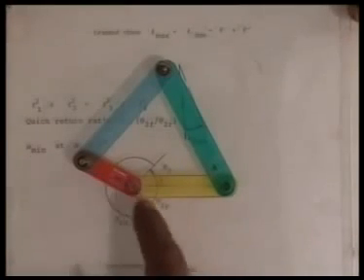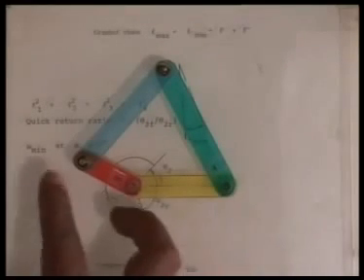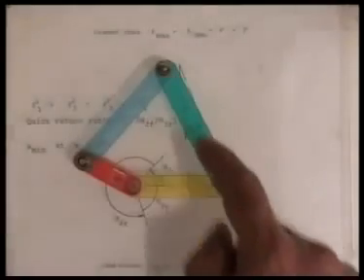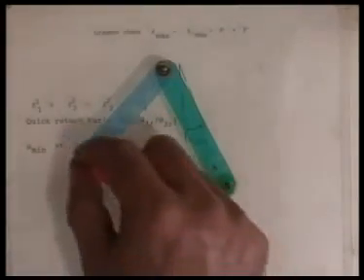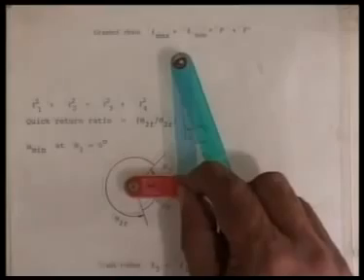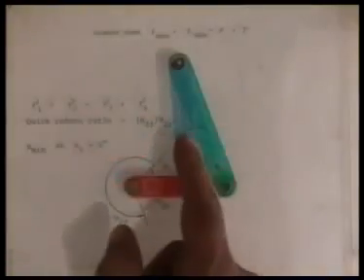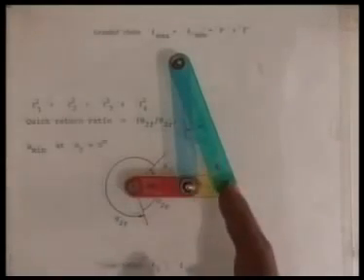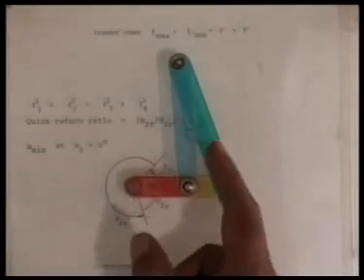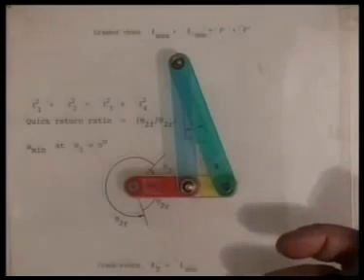Let us look at this model again where L1 squared plus L2 squared is not same as L3 squared plus L4 squared. So, here the minimum transmission angle occurs only for this configuration when the crank is along the line of frame and the angle between the follower and the coupler is very small, giving rise to very poor transmission characteristics.